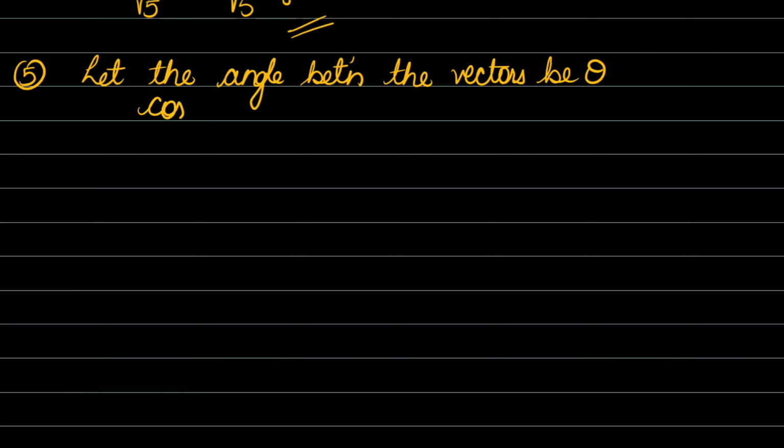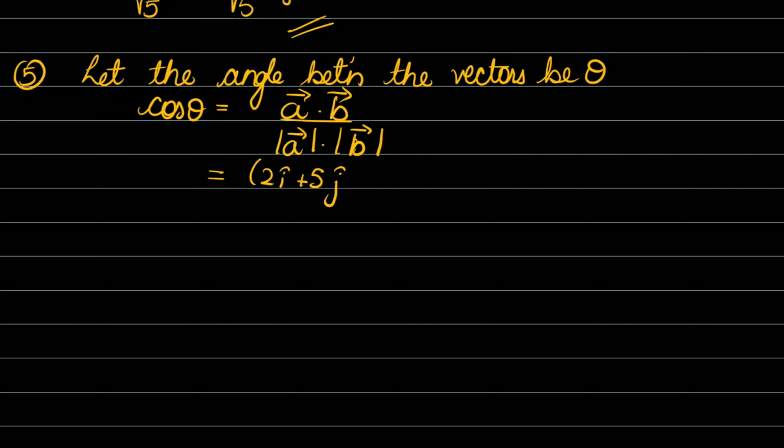So cos theta can be written as A vector dot B vector divided by magnitude of A vector times magnitude of B vector. We know the value for A vector, which is given in the question: 2 i cap plus 5 j cap minus 6 k cap, dot i cap plus 5 by 2 j cap minus 3 k cap.